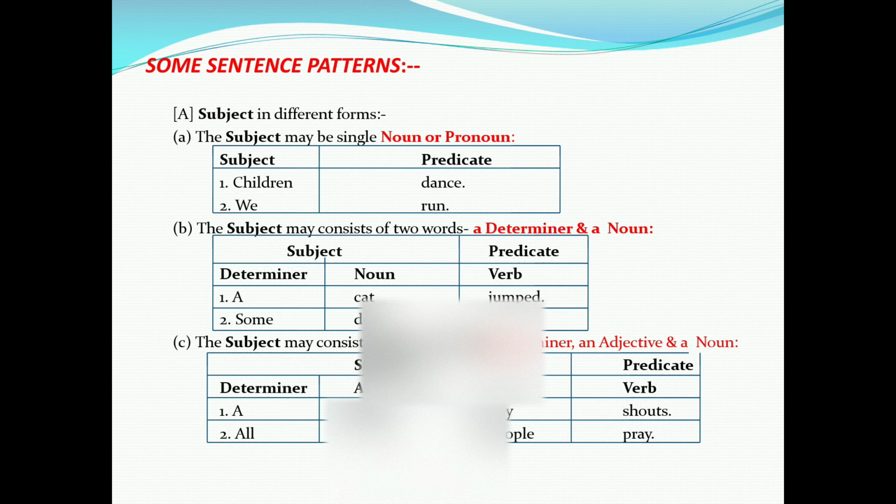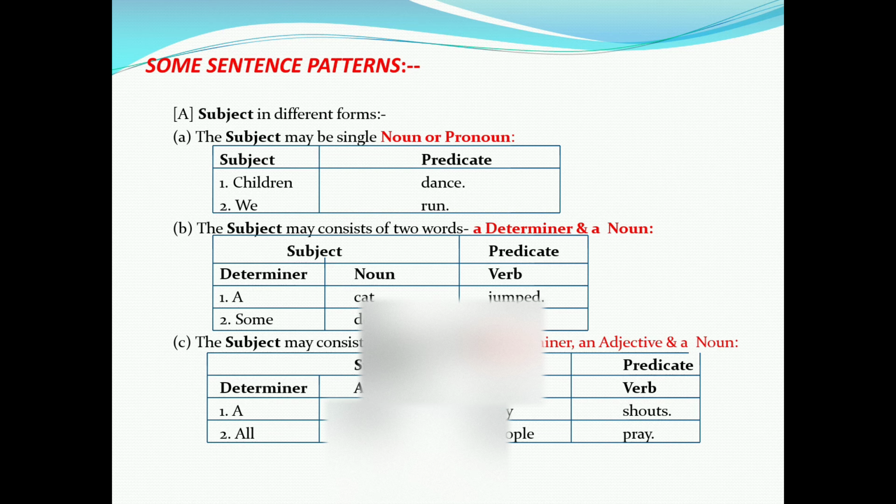In the second type, the subject may consist of two words, a determiner and a noun. Noun के साथ determiner भी जोड़ा होता है, तो वो combined में subject कहलाते हैं. जैसे let's take an example. A cat jumped. Here a cat is a subject. A is a determiner and cat is a noun, whereas jumped is a verb, therefore it is a predicate.